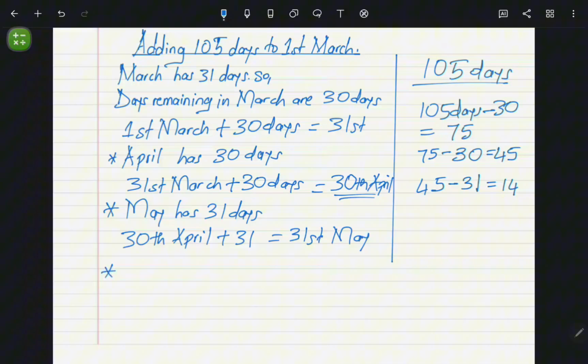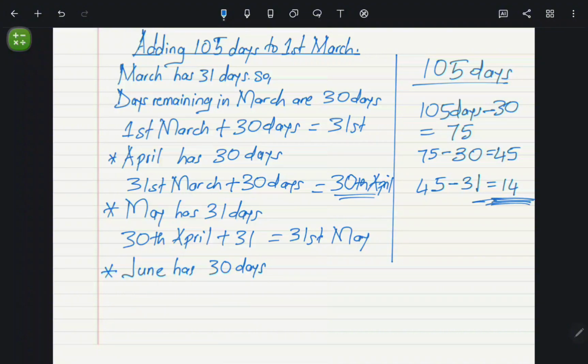So now our next month is the month of June. But now the month of June has 30 days. But then we are seeing that here on our right hand side we are only remaining with 14 days.